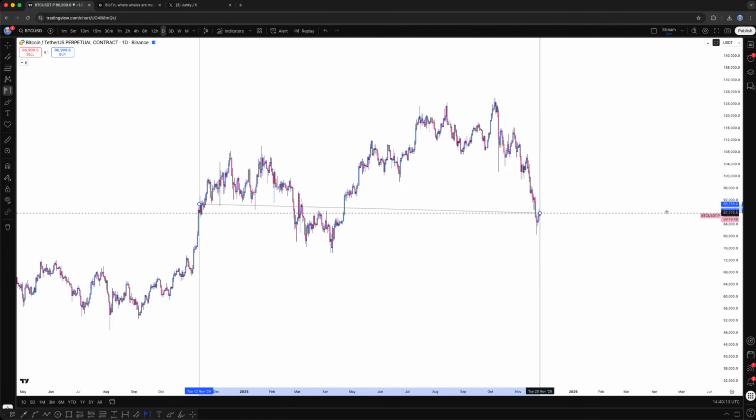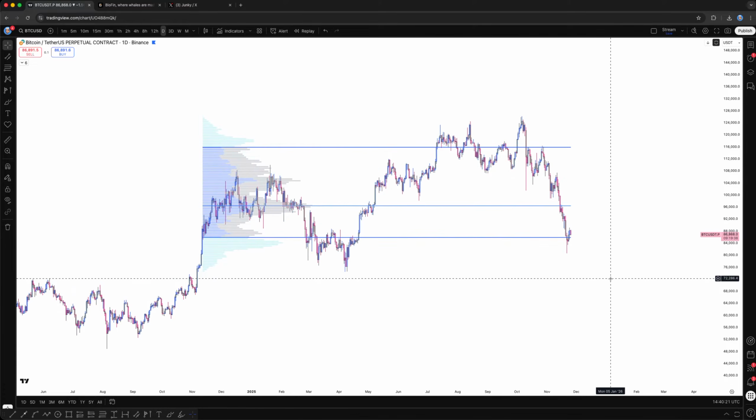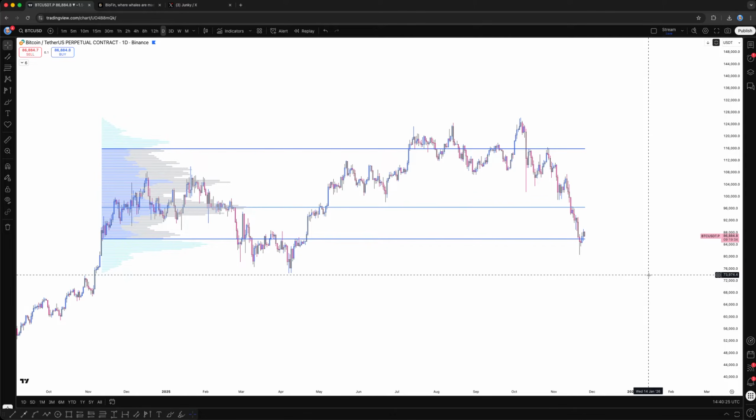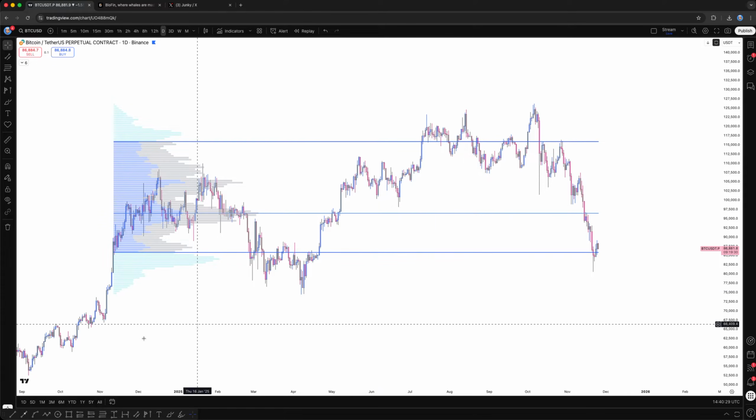So this range now is in full effect. In the past I was selecting until the deviation. Now we fully traded back inside the range, so we can use the full fixed range volume profile to select all the range to have some level.